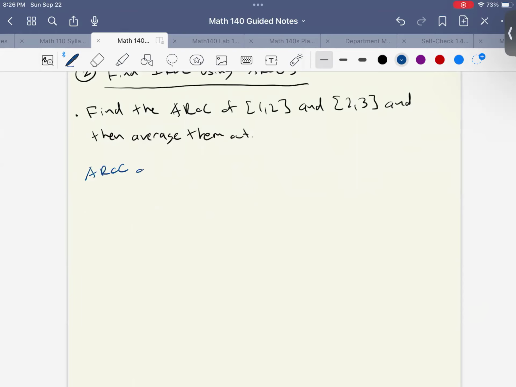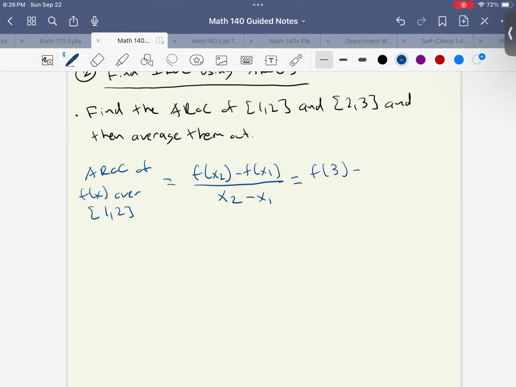Average rate of change of f of x over 1 to 2. Remember, average rate of change is f of x2 minus f of x1 over x2 minus x1. Okay, so the way we do this, this is just f of 3 minus f of 2 all over 3 minus 2.